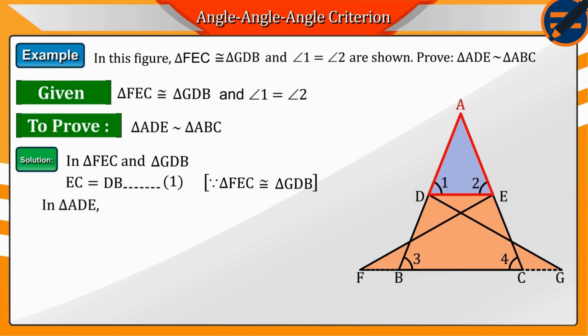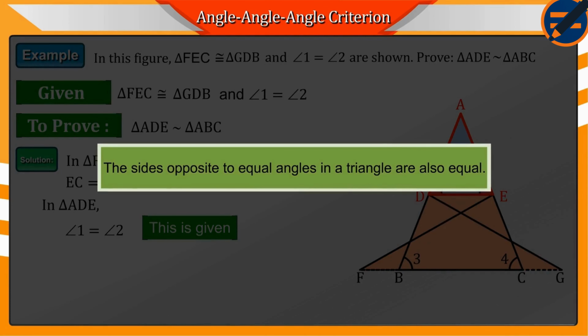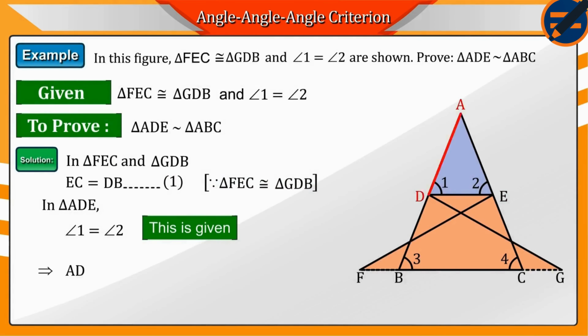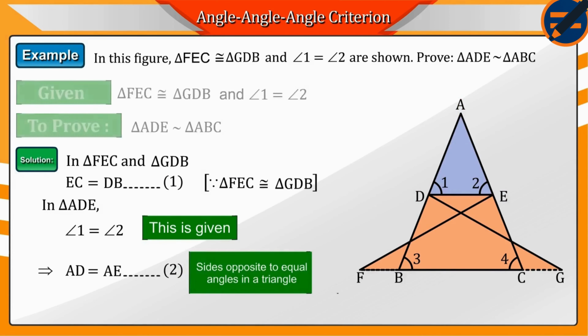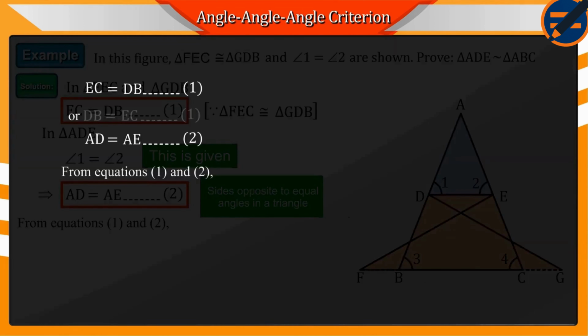Now if we look at the triangle ADE, we get to know that angles 1 and 2 are the same. You would remember that the sides opposite to the equal angles in a triangle are also equal. Hence, sides AD and AE would be equal. If we find the ratio of equations 1 and 2, then we get equation 3.